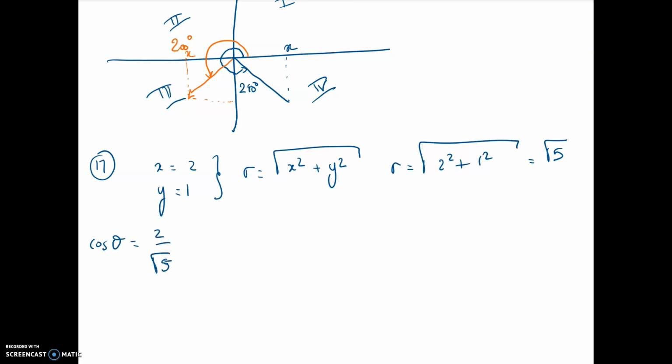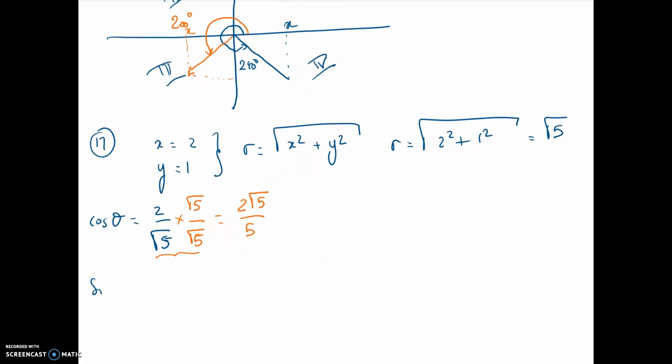And obviously, I want to get rid of the square root of 5, so I'm going to multiply top and bottom by my denominator, which is what we call rationalizing the denominator, getting rid of the square root in my denominator. The answer is going to be 2 square root of 5 divided by 5, because square root of 5 multiplied by square root of 5 equals 5.